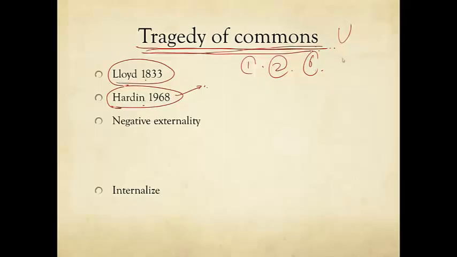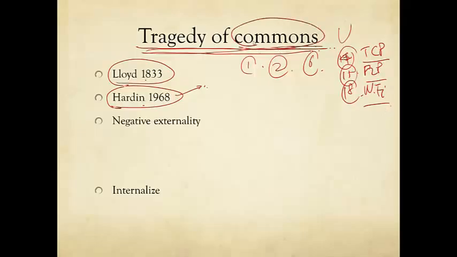And later in lecture, I think 14 for TCP, 15 for P2P, and 18 for Wi-Fi, in all these cases for tech network discussion, we will see a different manifestation of the tragedy of the commons. But the reason it was called the tragedy of the commons was because it was a thought experiment.